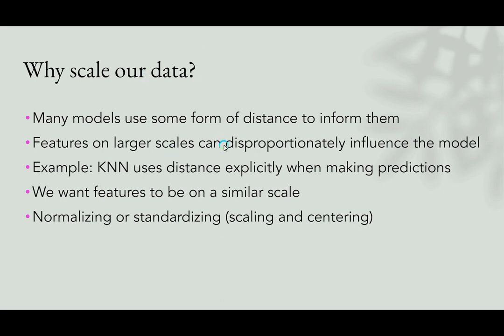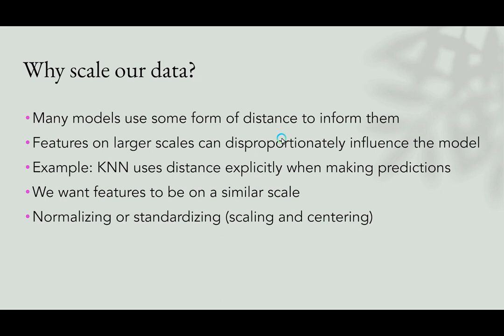Features on a larger scale can disproportionately influence the model. If you have these big values, they can influence your model and they can lower the model's score. The main thing you need to know here is that they influence the performance of your model. An instance is that KNN uses distance explicitly when making predictions.